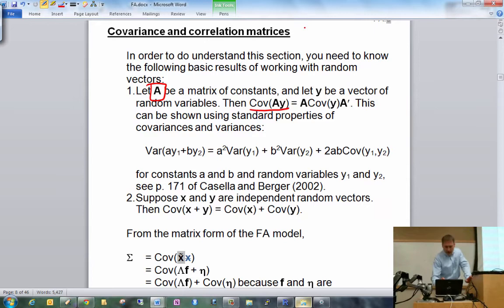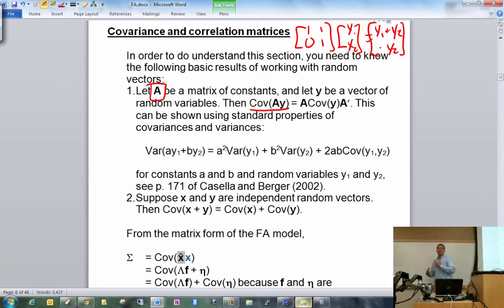So for example, if I had A as 1, 1, 0, 1, and I take it times y1 and y2, we see that I will have y1 plus y2 over y2 as the resulting vector. So this A allows you to find particular linear combinations of your random variables.